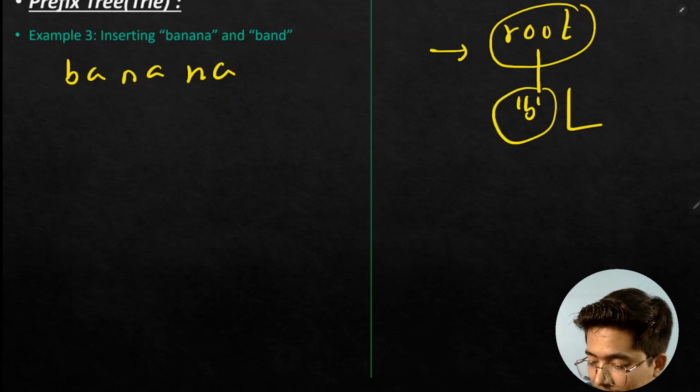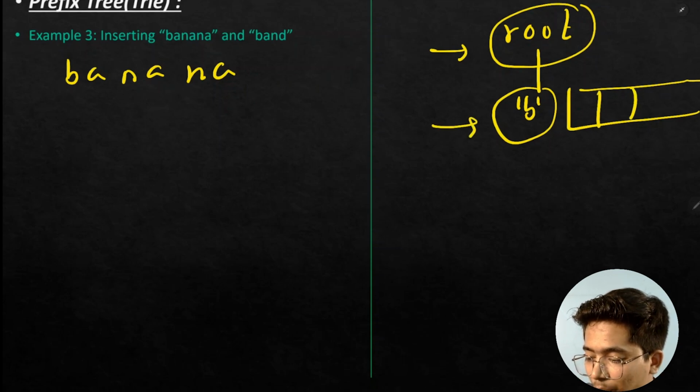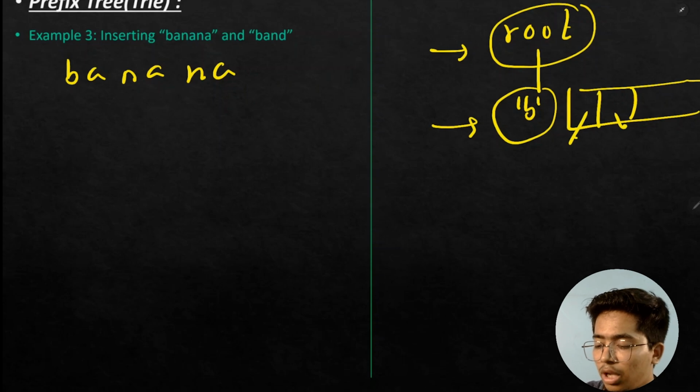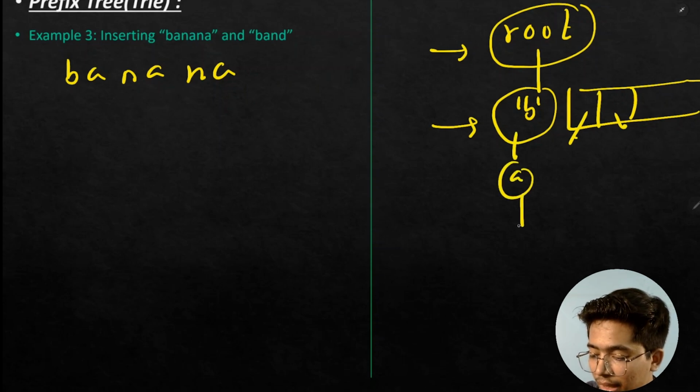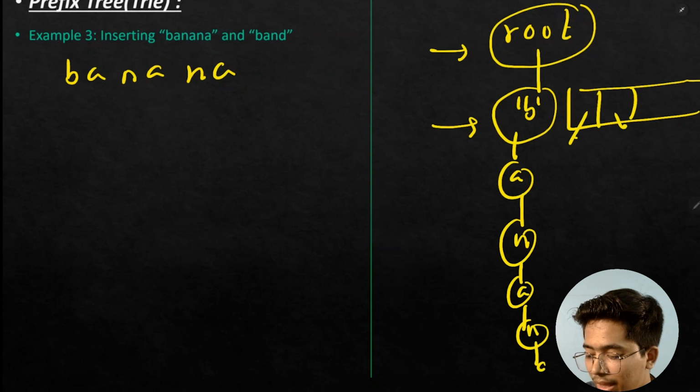After inserting, it also has an array. Now the pointer will check if there is already a pointer somewhere here, but no, nothing is pointed because we haven't inserted. So it will insert A, then N, then A, then N, then A.